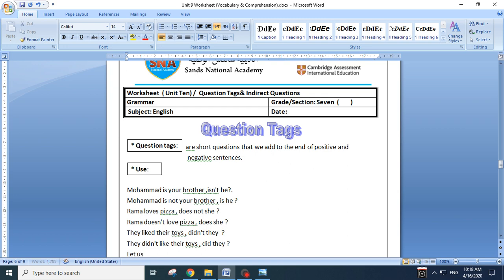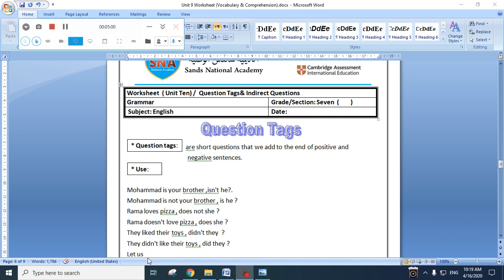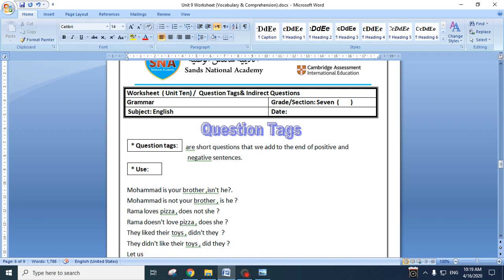Let us start with our class. Because we used let us, with let you always use shall. Here, because us refers to we, so shall we?